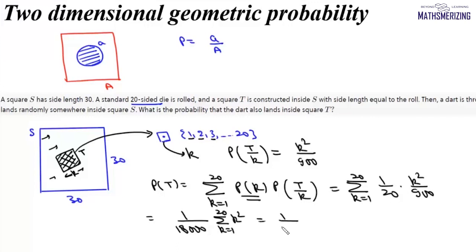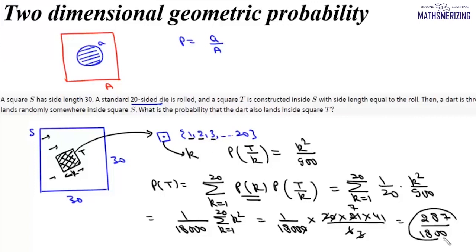So it will be 1 upon 18000 into n into n plus 1, 2n plus 1 whole divided by 6. Now here this 0 will cancel. This is 3. This is 7. So it is 287 divided by 1800. So the probability that this dart also lands inside the square T is 287 by 1800, and that is the answer to this question.